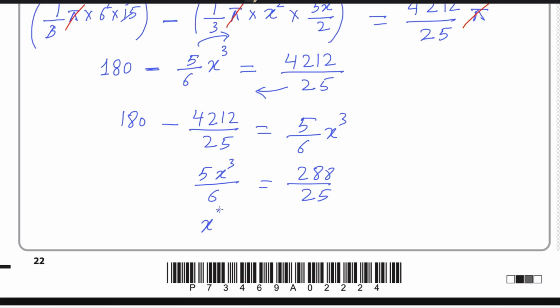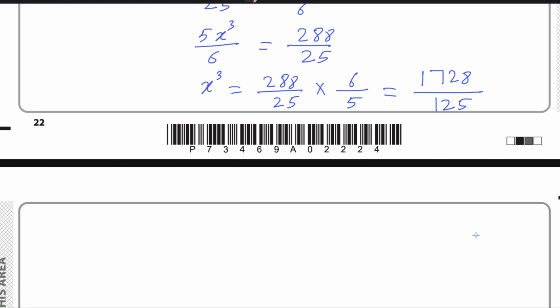x cubed will be equal to 288 divided by 25. You multiply by 6 and divide by 5, so 6 divided by 5, which gives 1728 divided by 125.